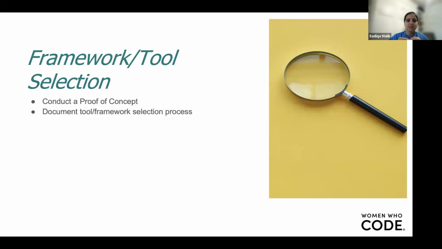The other thing that I personally like to follow is document the whole process of tool selection, framework selection, make a note of pros and cons of each tool that I've looked at. Even if I've just done a research, right, I've read about it, I make a note of it, like why I'm not going with this for proof of concept. The reason being that somewhere down the line, you run into some issue with your existing tool or existing framework structure, and then someone questions that, hey, why did you select this tool?